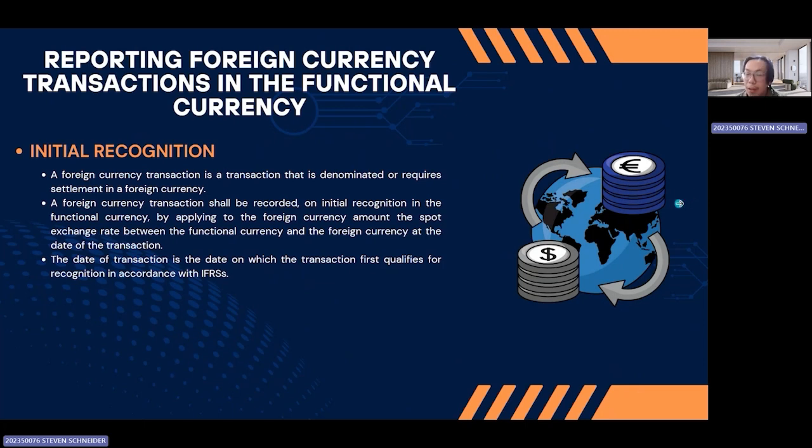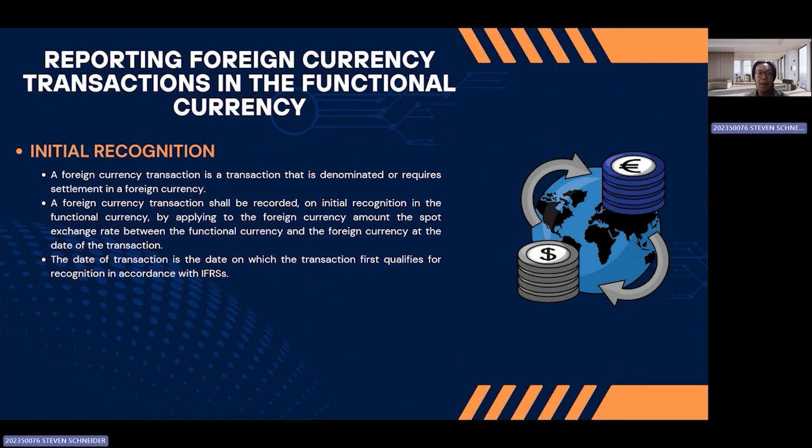This includes transactions arising when an entity buys or sells goods or services whose price is denominated in a foreign currency, borrows or lends funds when the amounts payable or receivable are denominated in a foreign currency, or otherwise acquires or disposes of assets or incurs or settles liabilities denominated in a foreign currency.